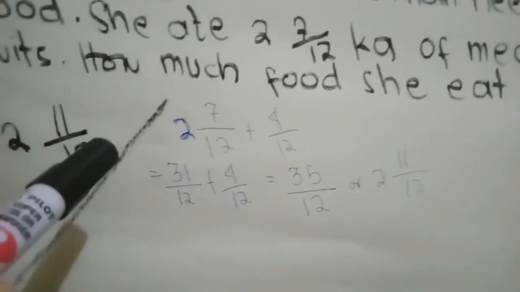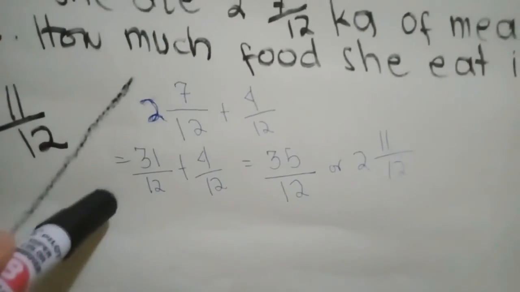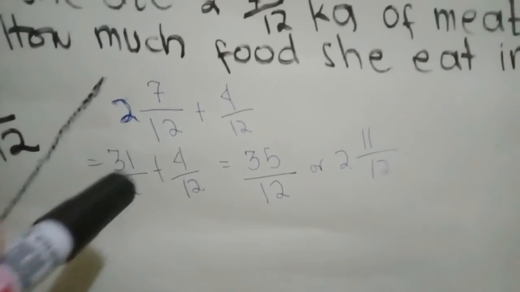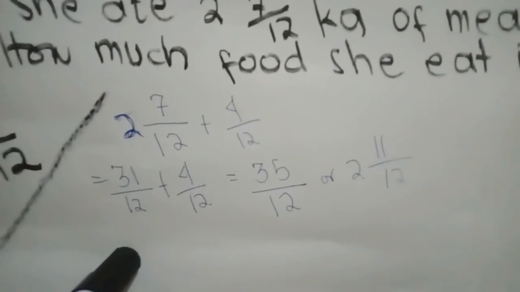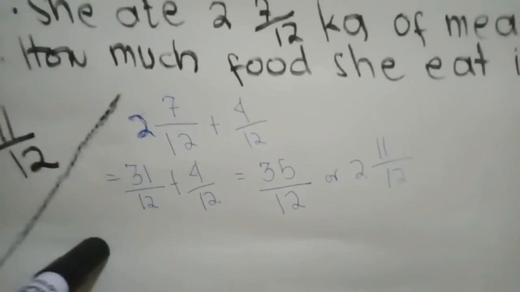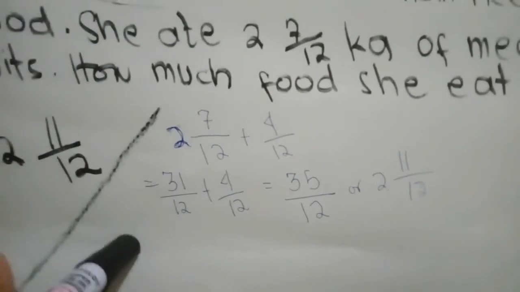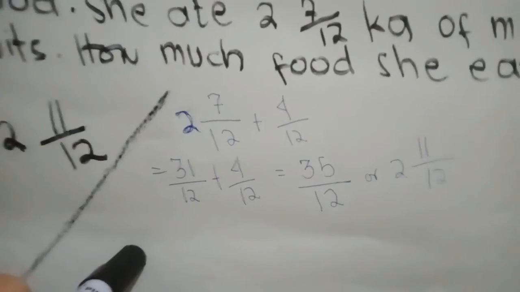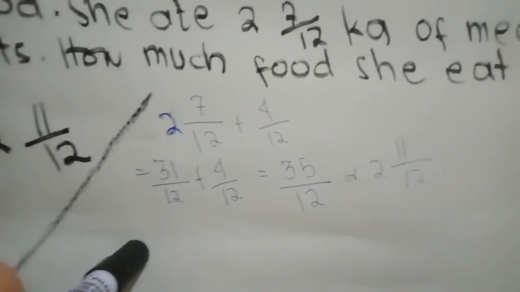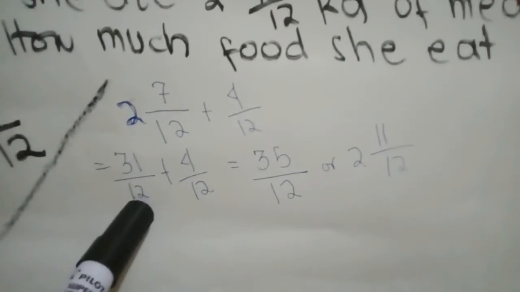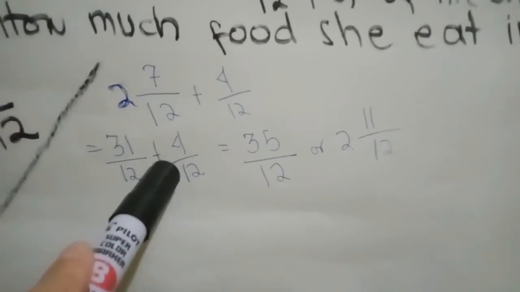So, para ma-change ang mixed number into improper is ganito ang gagawin. Ang whole number, ita-times siya sa denominator, then i-add ang numerator. So 2 times 12 equals 24 plus 7 equals 31. So yan, 31. And then, copy the denominator plus 4 over 12.